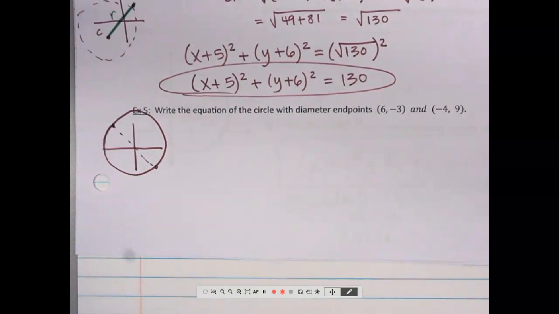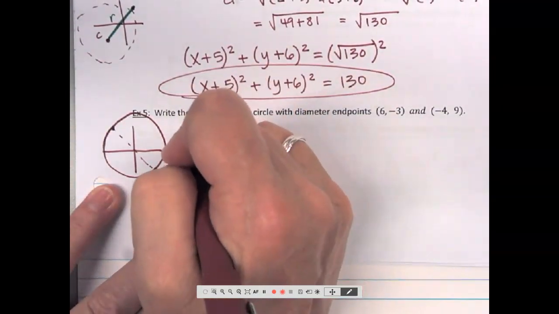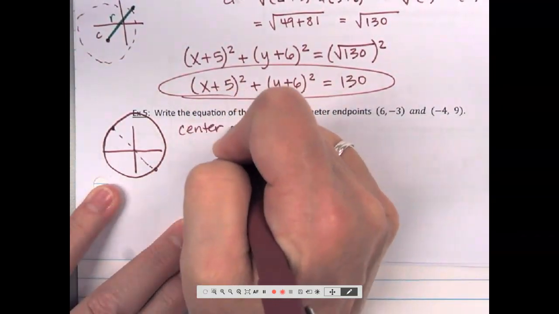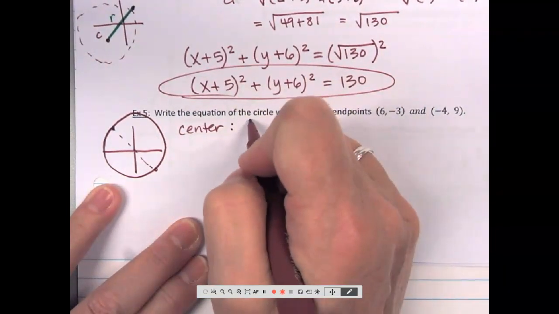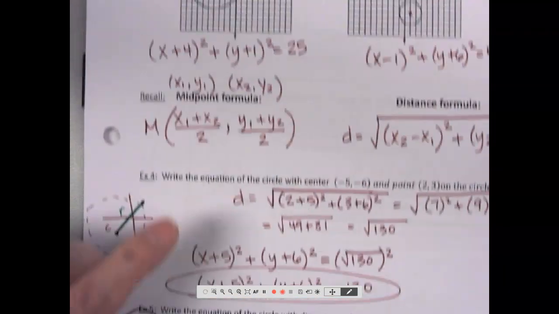So guess what? I don't know the center, nor do I know the radius. But I have enough information that I can find them. How do I find the center? Midpoint. The center is halfway between two diameter endpoints. Okay, so to find the center, I'm going to use the midpoint formula. So here's our formula.